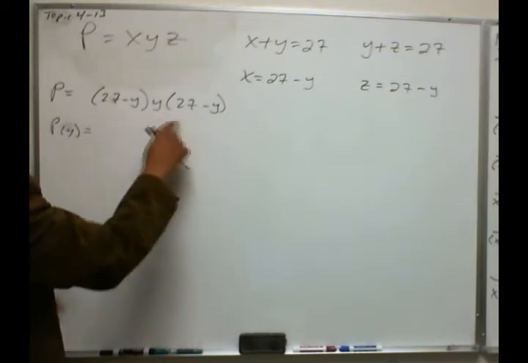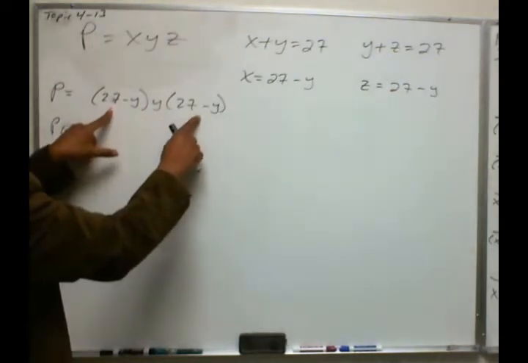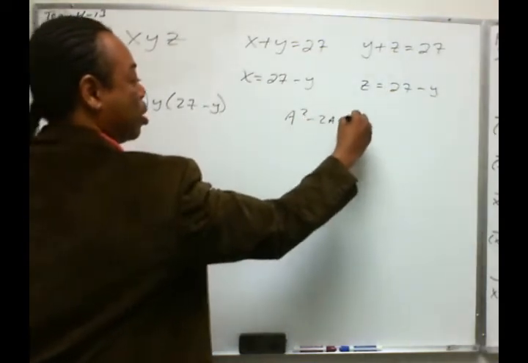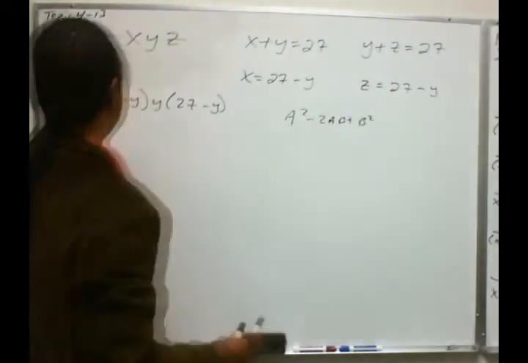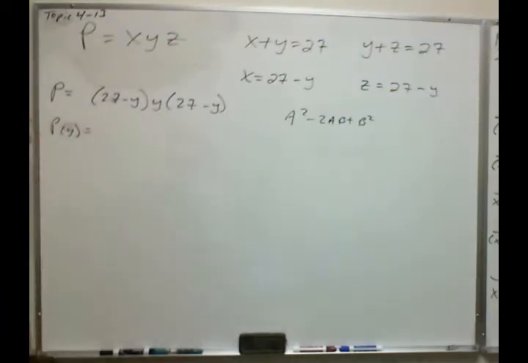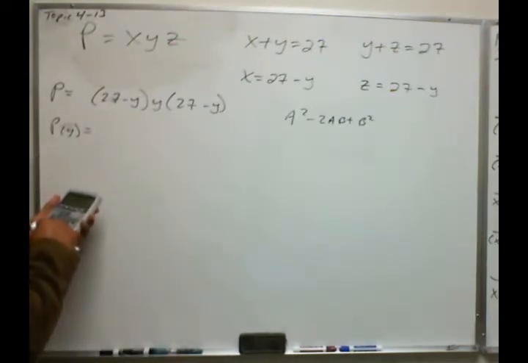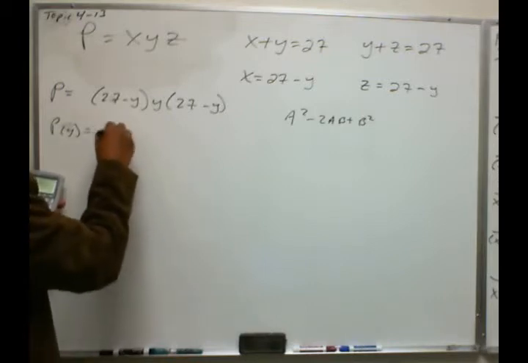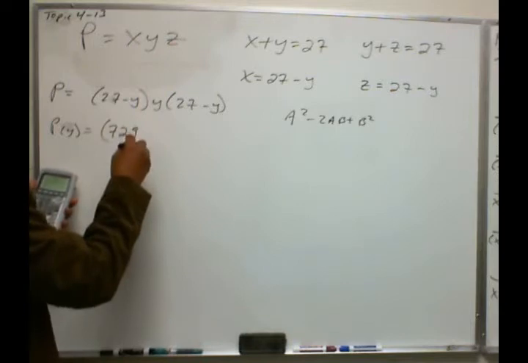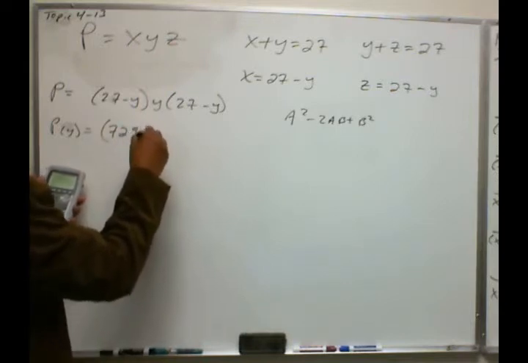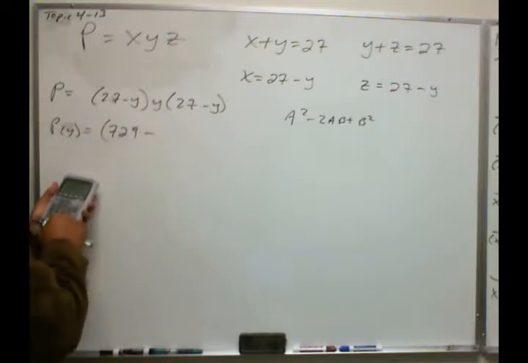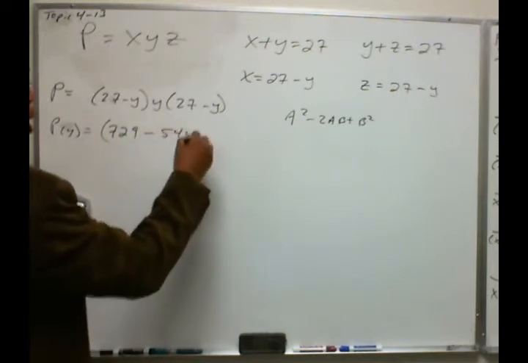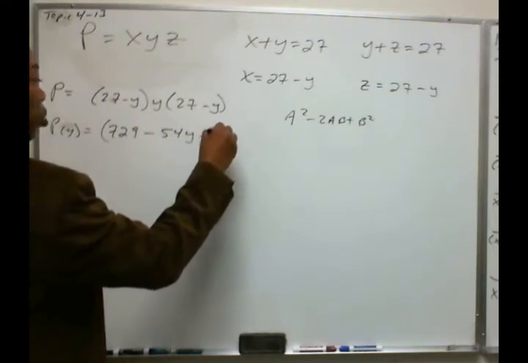Let me first use the binomial expansion for this. The binomial expansion is a squared minus 2ab plus b squared. So first, 27 squared is going to be 729 minus 2 times 27, which is going to be 54, and then times y, plus y squared.